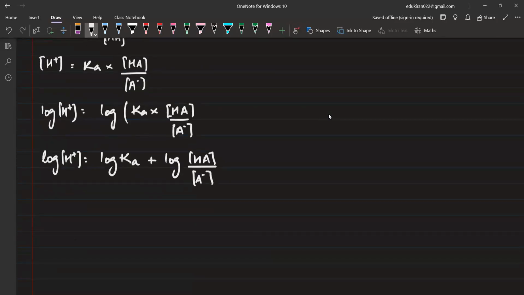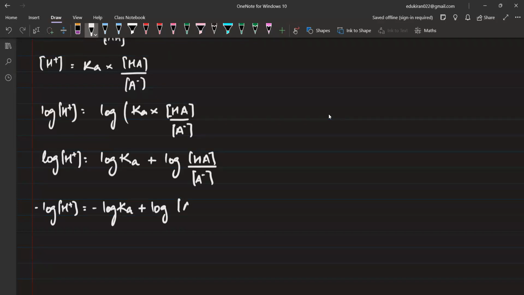Now, if I put a minus sign in all of these things, it becomes minus log of H positive equals minus log of Ka, plus log, but since minus log goes inside, it becomes the reciprocal.